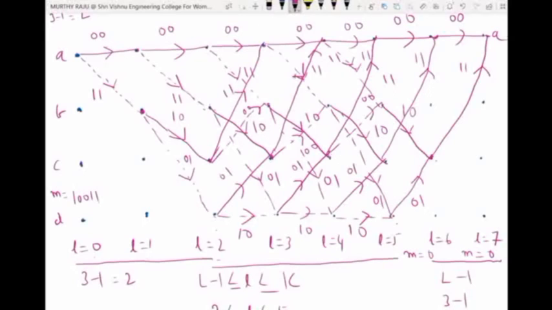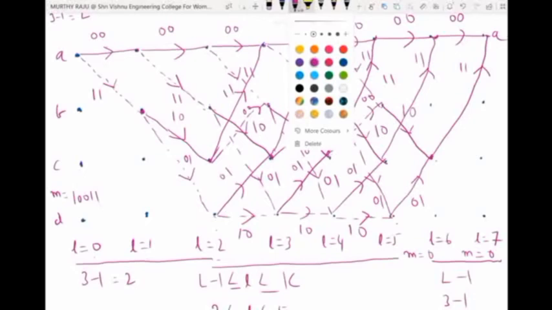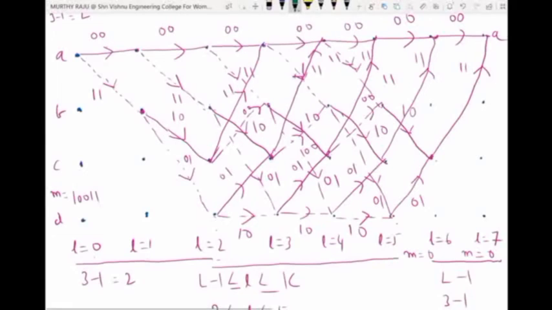We use the green color here. Initial M is equal to 1. Solid line represents M is equal to 0. Dashed line represents M is equal to 1. Starting from the A state, M is equal to 1.